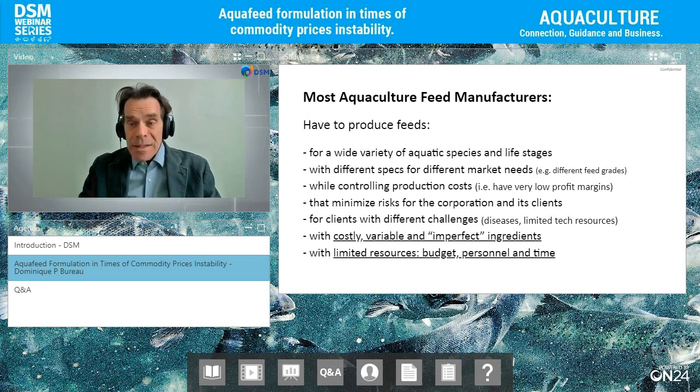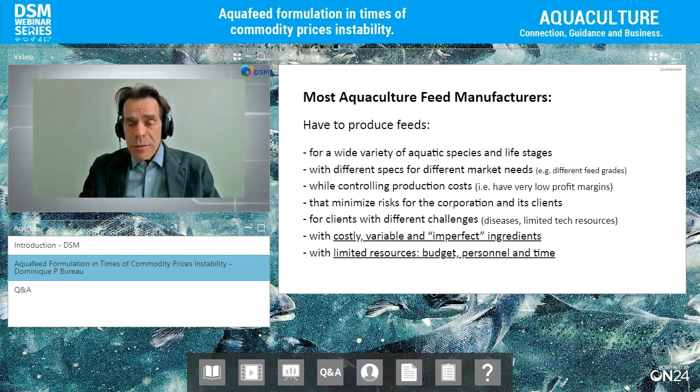But at the same time, you have to manage the risk for your corporation and for your clients. If you do something that is too risky, you endanger your corporation because the profit margin is very small. But you can also endanger your client because if you provide them with feed that is not adequate, that has a problem, then you can endanger their livelihood.